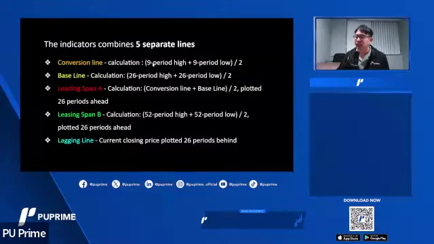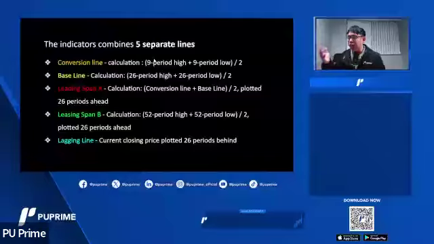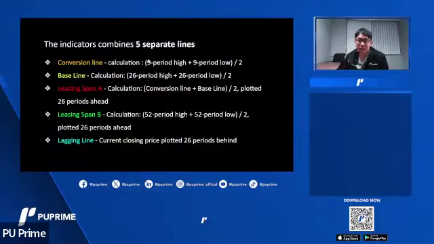Of course, this is a default setting. You can do your backtest, and if you want to change the parameter, it is fine. But by default, this is from the inventor: the conversion line uses the past 9 candlesticks, the highest price and the lowest price divided by 2. Remember the equilibrium, the psychology behind this indicator.